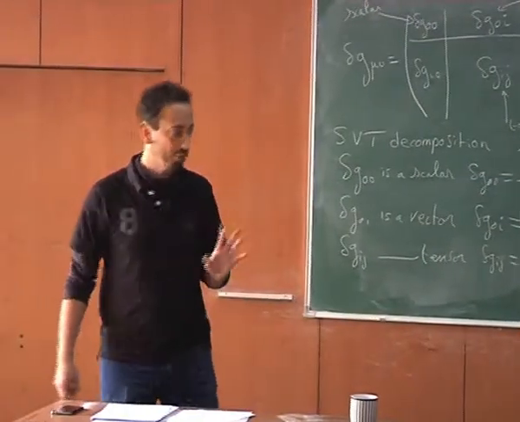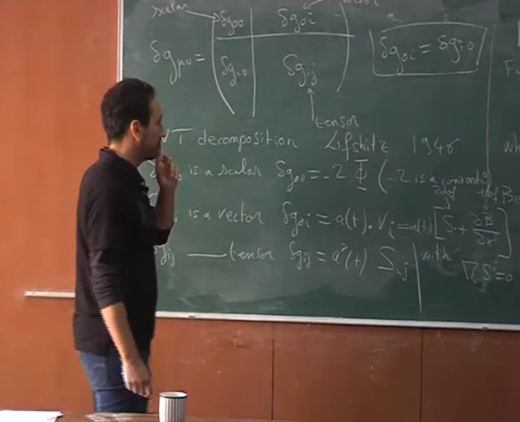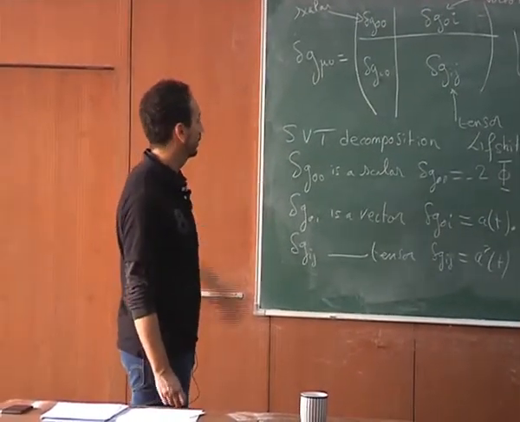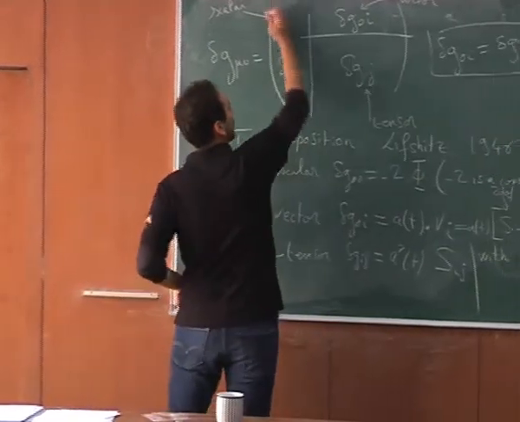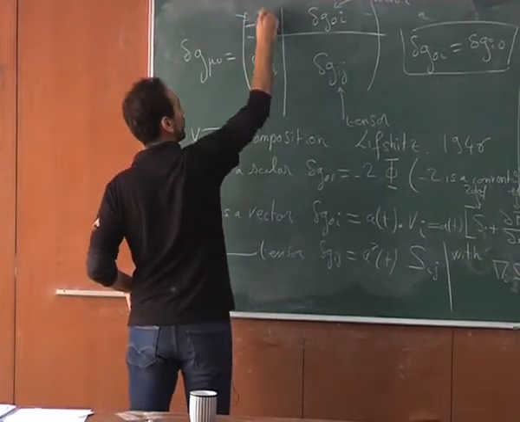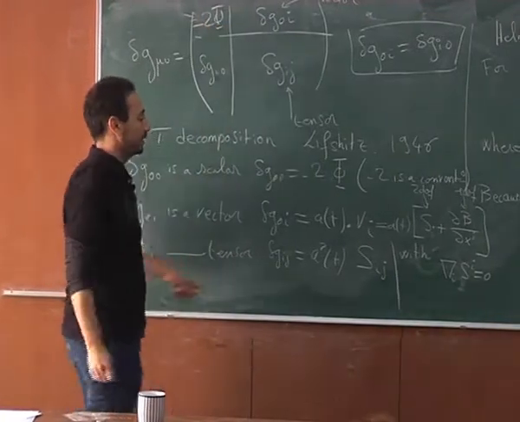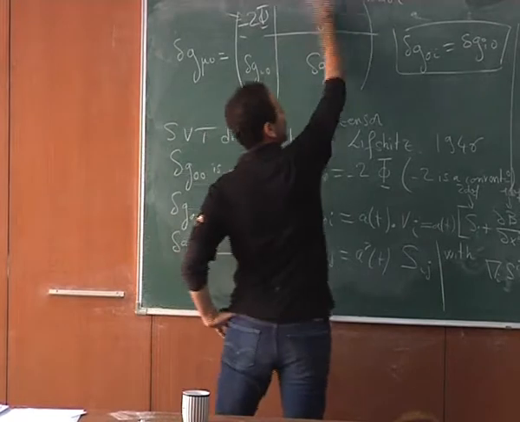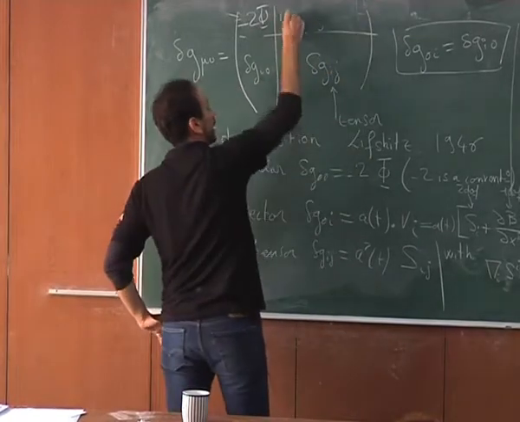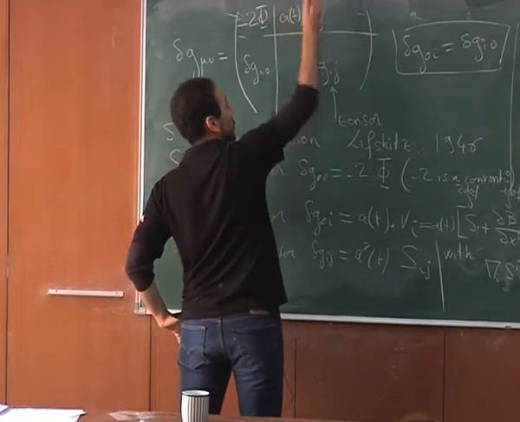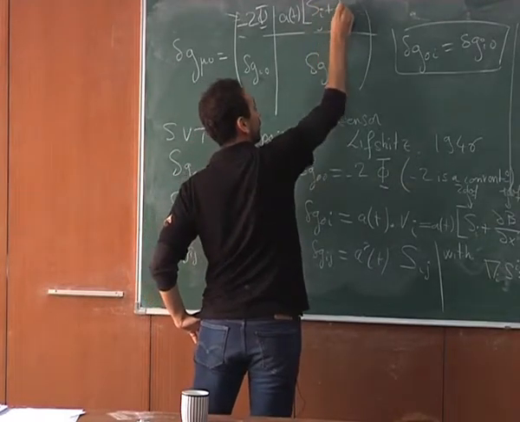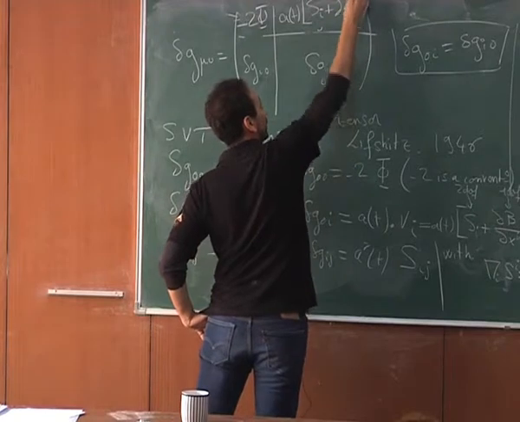So let us summarize what we have. In our metric now we have the following. This is minus 2 phi, which is what we just wrote in a different way. This term here is an A of t, some vector that I called Si, plus dy of b.